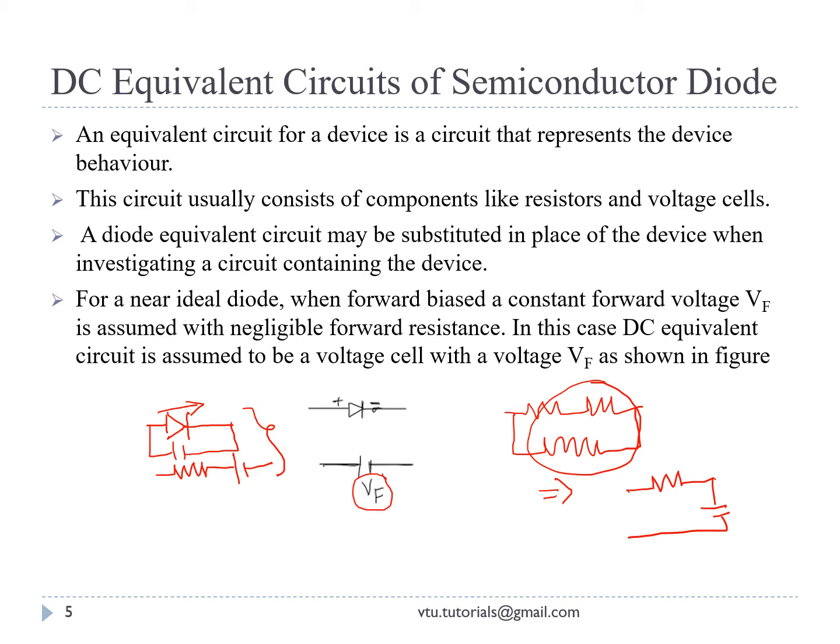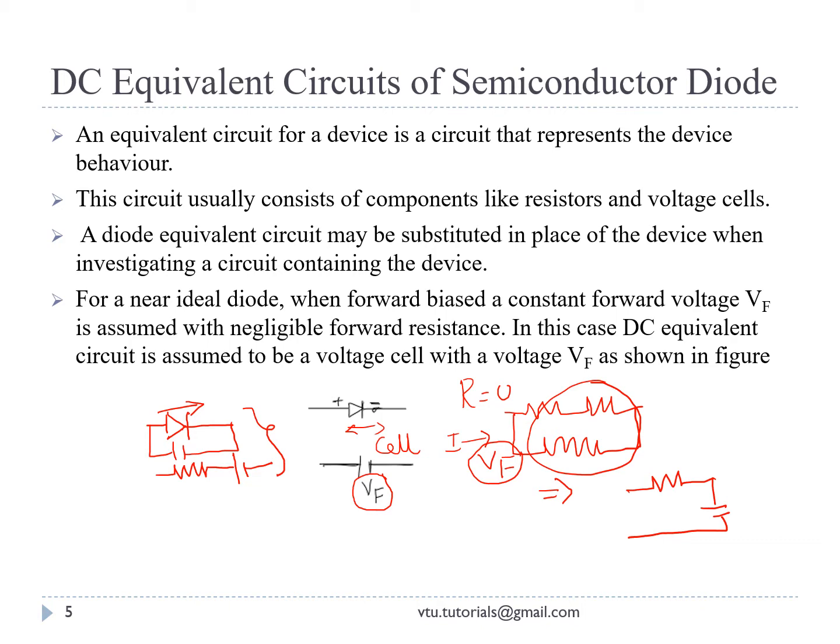In this case, the DC equivalent circuit is assumed to be a voltage cell with a voltage of Vf as shown here. An ideal diode has zero resistance, R equal to 0, and there is a current I flowing through the circuit at a voltage Vf, which is the voltage that appears across the diode. Thus the diode is replaced by a voltage cell Vf. So this is for an ideal diode.